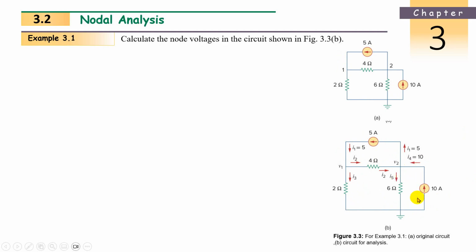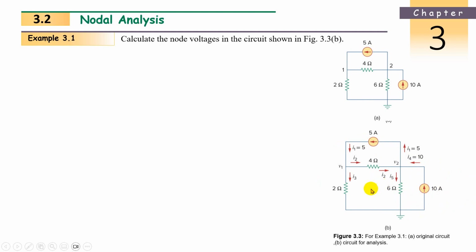Then I4 is from ground to V2, entering the node. Then I5 is from V2 to ground. You can put your own direction of the currents; only check the direction of the given sources. For the resistances, you put your own directions, no problem.